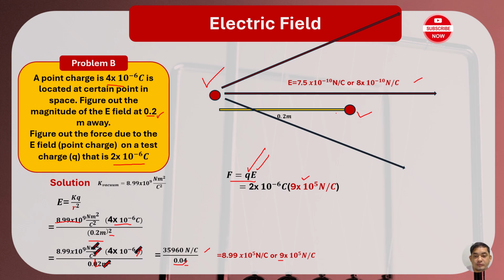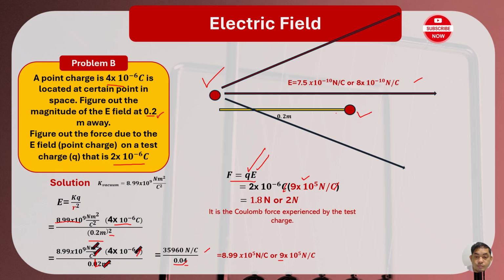We can cancel Coulomb here. If you multiply these factors, you will have 1.8, or if you follow the sig fig, you will have 2 newtons here. That's the force experienced by the test charge due to the electric field. It is the Coulomb's force experienced by the test charge.